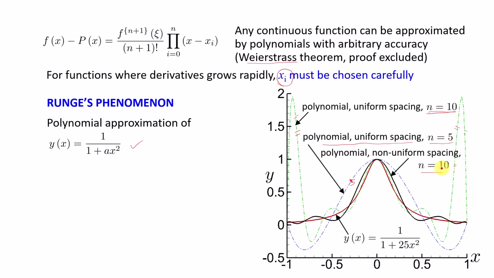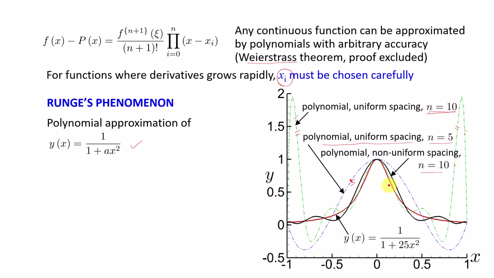The difference is staggering. The non-uniform n equals 10, this black line, goes pretty close to this red line. So it's a good approximation. So if we can select these xi points carefully, then we can have a good approximation with a polynomial.